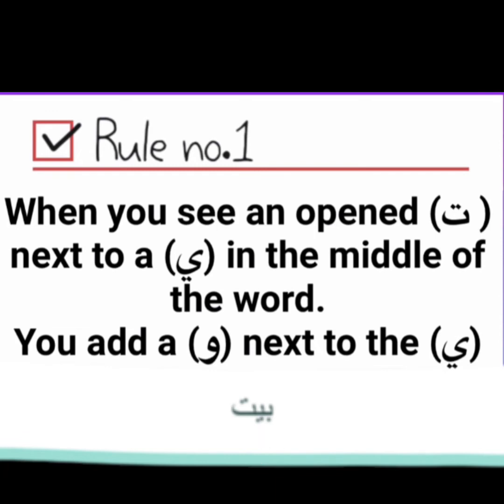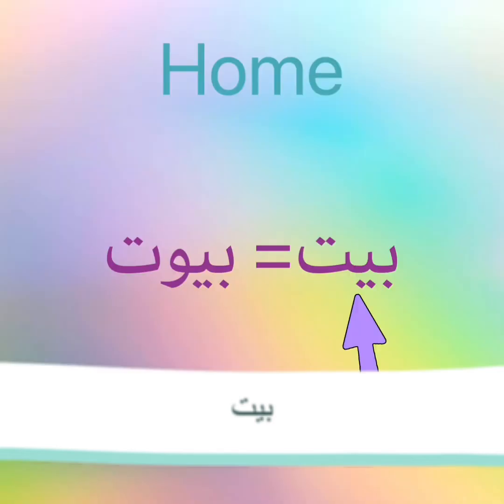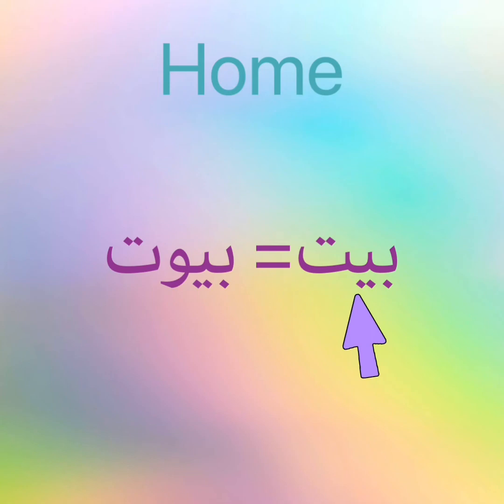Yes, we do. Meaning that we would only add a واو before the ta next to the ya, and the word would end up being from bait to biyut. Biyut. That is how rule number 1 is applied.